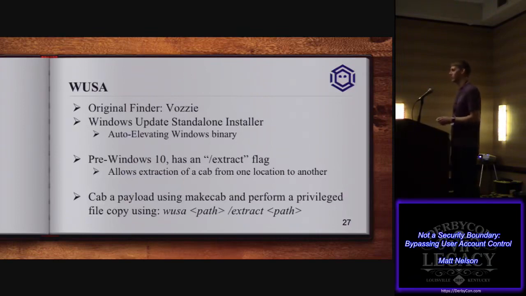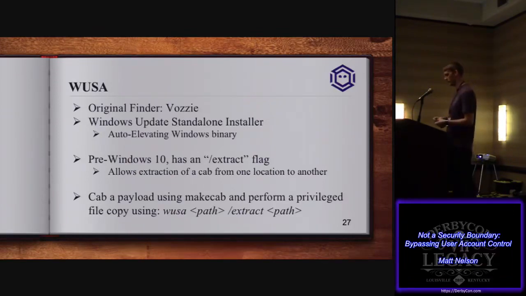I got a little tired of it, and that's kind of what stemmed some of the research in the last few months, particularly. So another finder called Vozi used the same primitive of a privileged file copy in a different way. He removed the need to do injection. There's a built-in utility in Windows 7 and Windows 10 called WUSA, the Windows Update Standalone Installer.